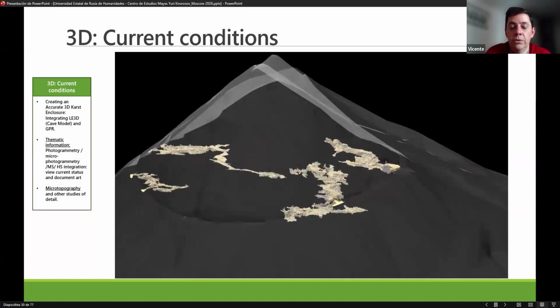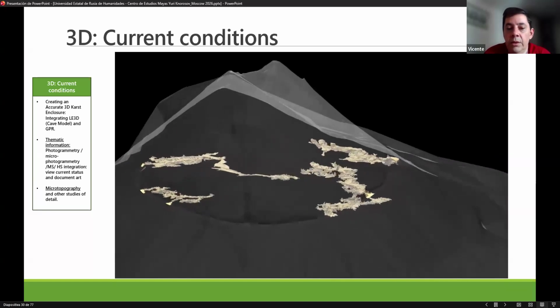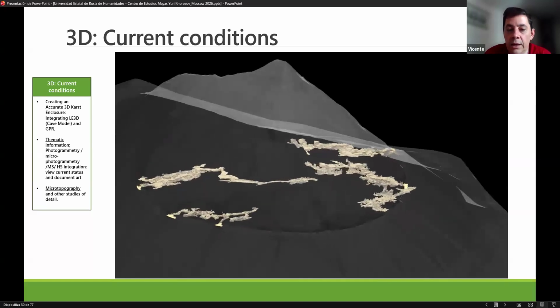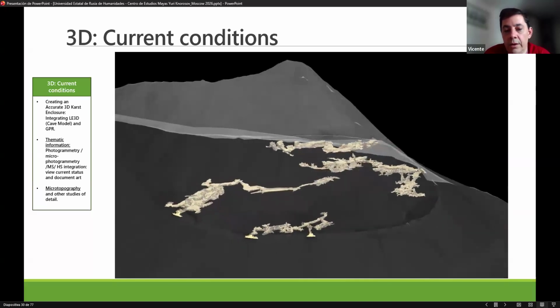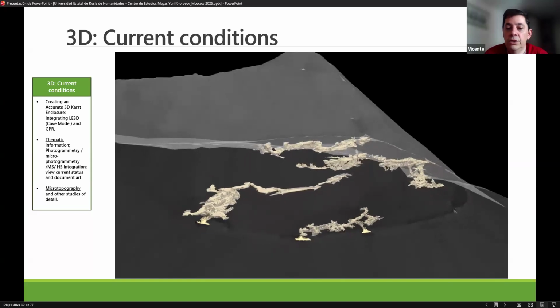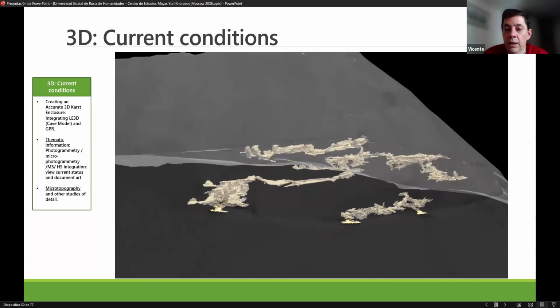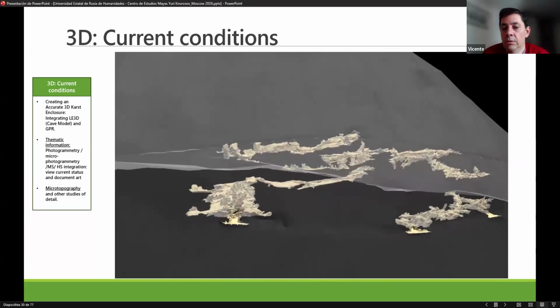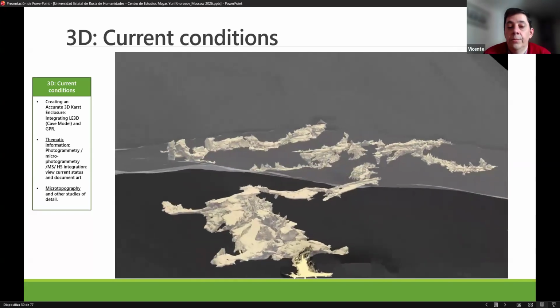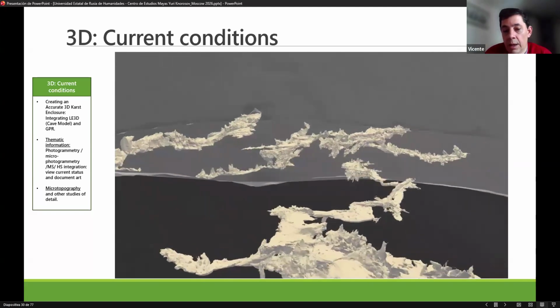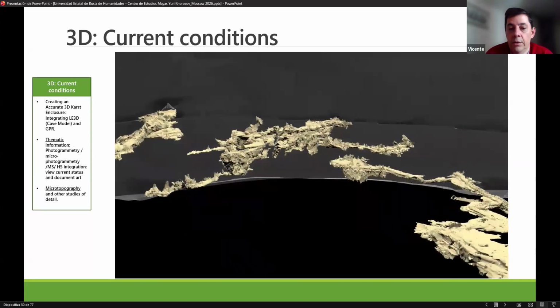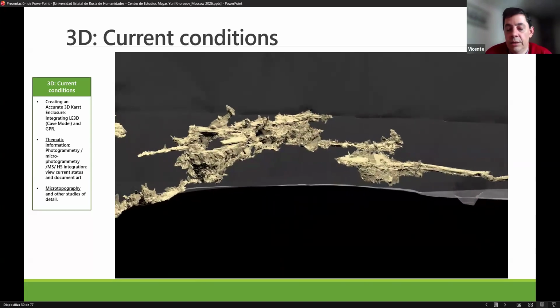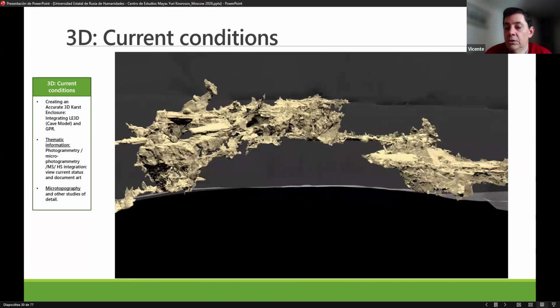Look, when you put accurate 3D information all together, you see with highest accuracy the relationship between all these voids in the mountain, all these caves. And here you discover that apparently these caves were very separate, and now are almost touching.